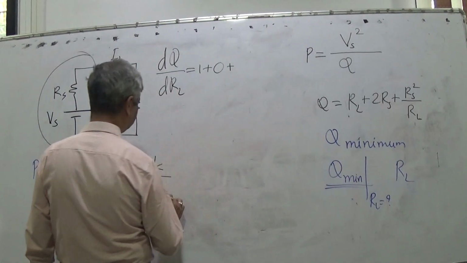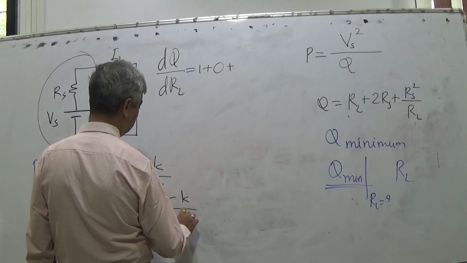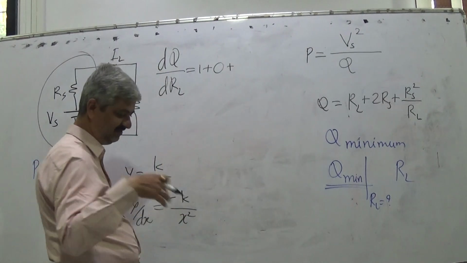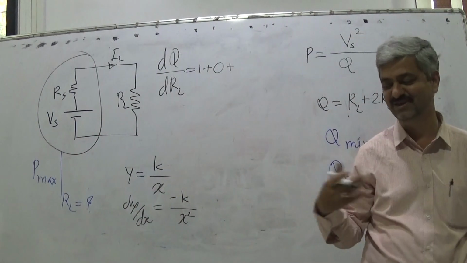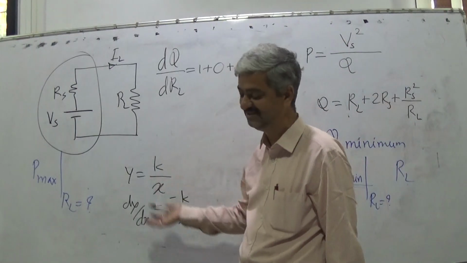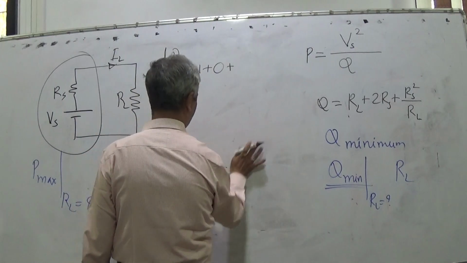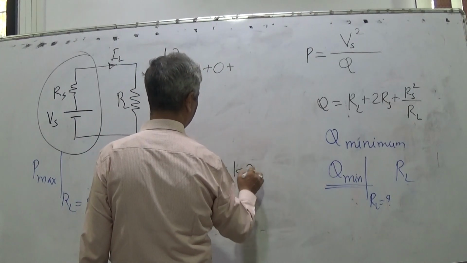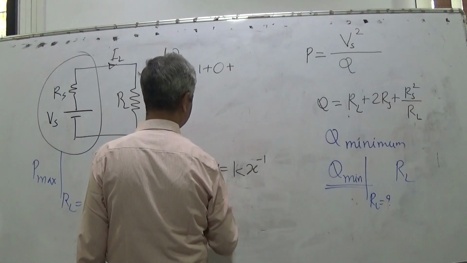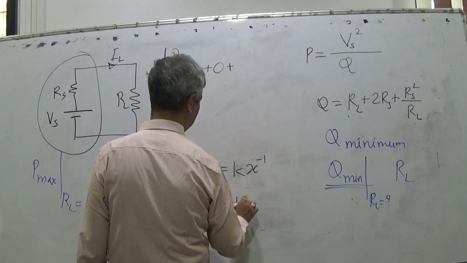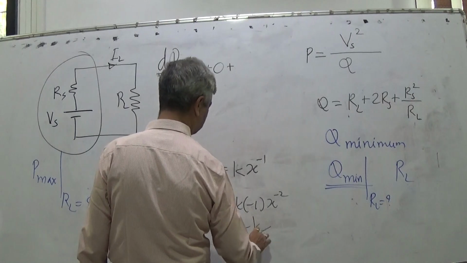It is minus k upon x square. Since it is the first year, you might have forgotten, because in MCQ you may not be required to derive the expression. So we write it as y is equal to k x raised to minus 1. So the derivative dy by dx is equal to k times minus 1 x raised to minus 2, which is minus k upon x square.